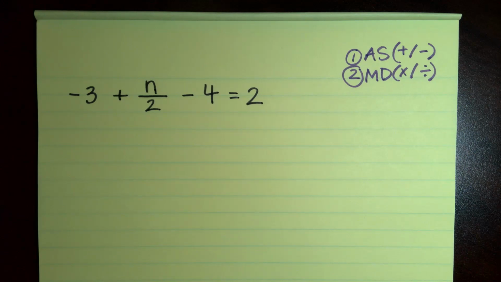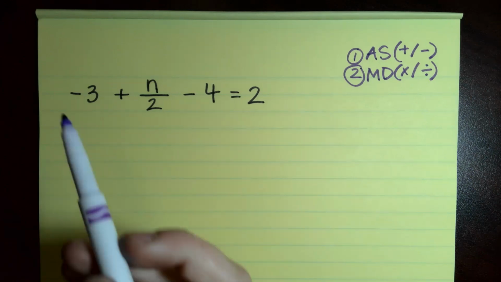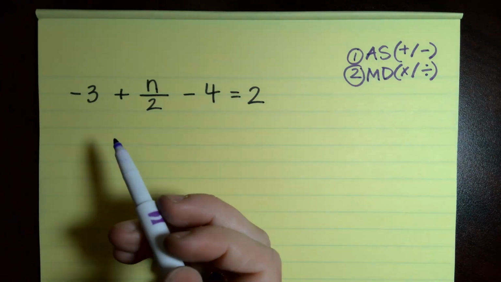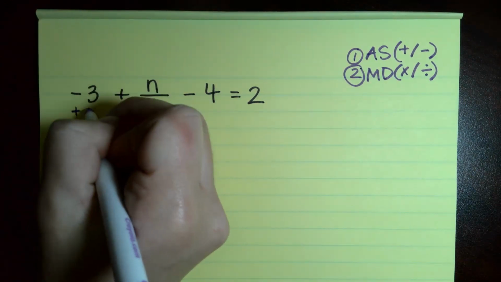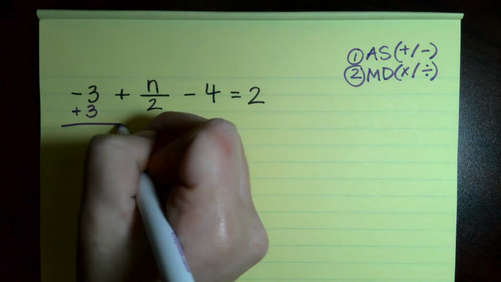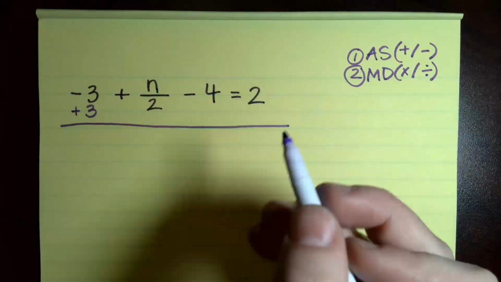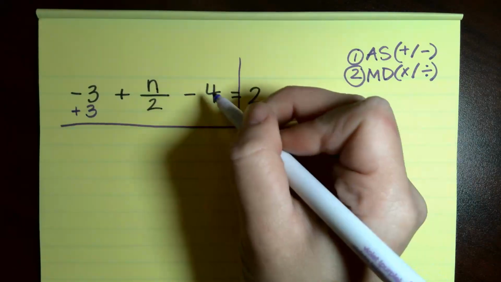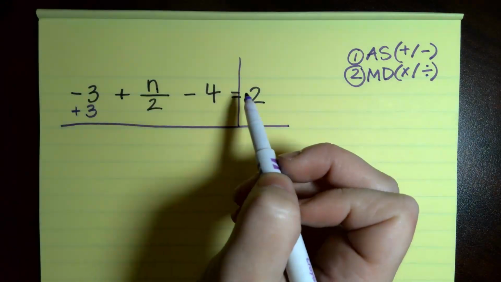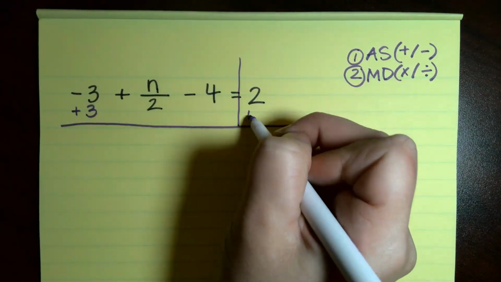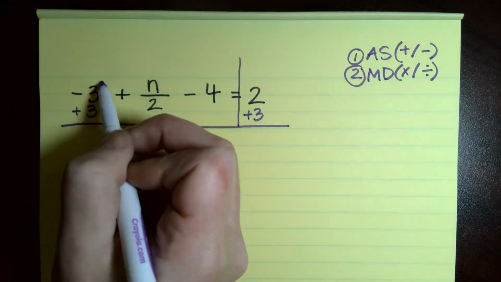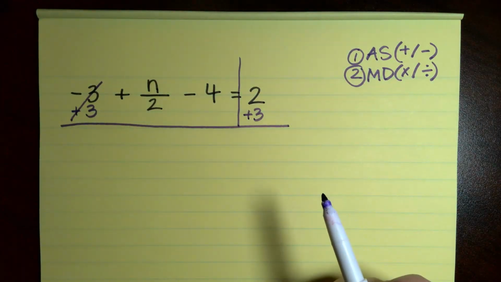Okay. What should I do here? Yeah, we've got -3. Let's get rid of it and let's add 3. Where else do I need to add 3? To the 2 on the other side of my equal sign. So here's one side, here's my other side. I gotta do it to both sides. My 3's will cancel out.